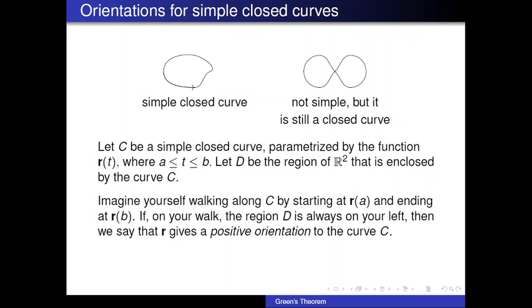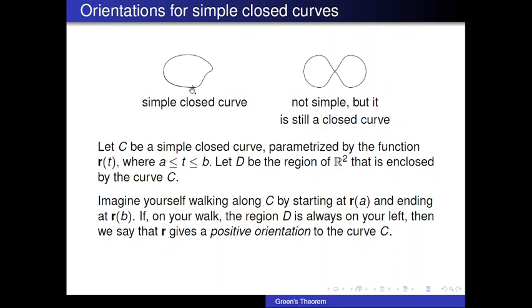If on your walk, when you're walking along the edge of this region D, the inside of the curve is always on your left, then we say that little r gives a positive orientation to the curve C. On this one here, I have drawn an arrow indicating that if we were walking along the curve in this direction, the inside D would always be on our left. So this arrow indicates that this curve has been given a positive orientation.